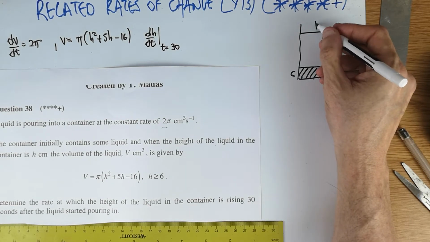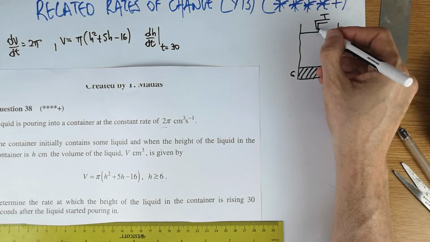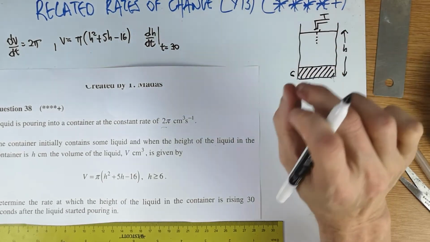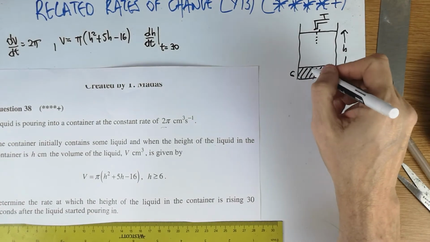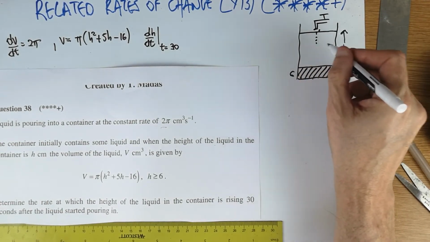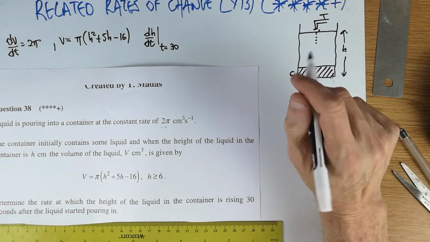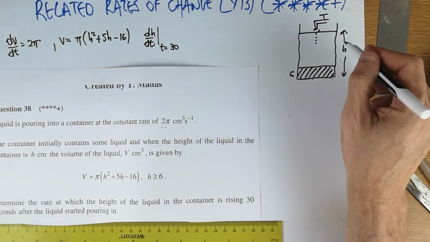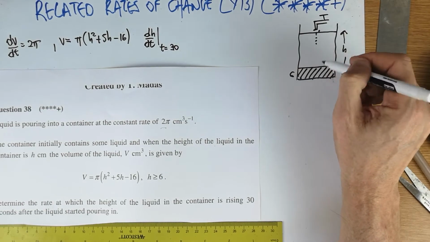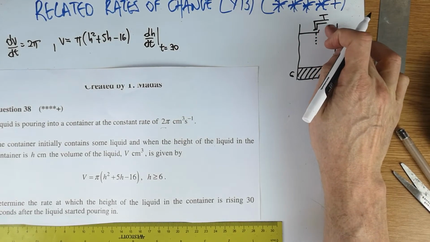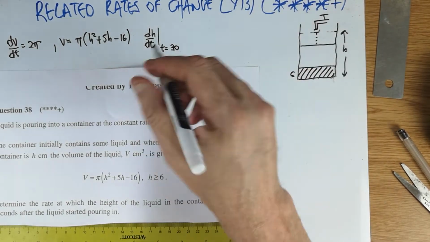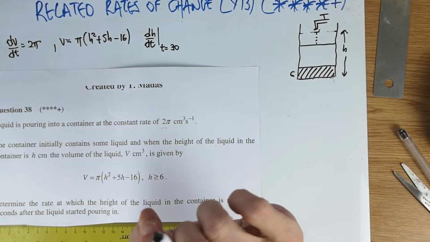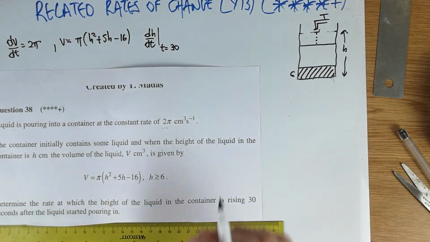So we put it under a tap, and water is going in constantly at this rate, 2 pi. The pi is there purely to make things cancel. Of course, at all times the water will be rising. We started with some amount. What are we trying to find? After 30 seconds have elapsed, let's say the water was up to here. After 30 seconds, we want to know the rate of change of the height.